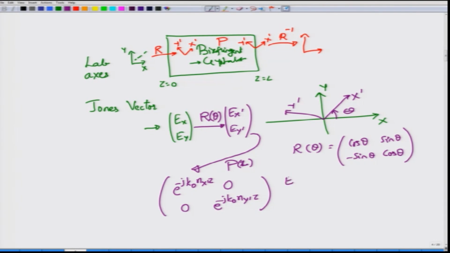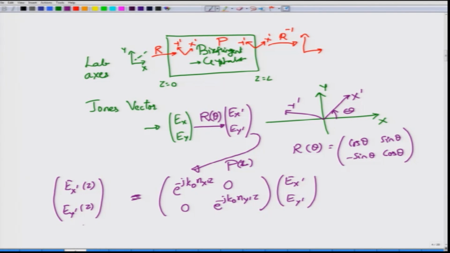You are going to multiply this propagation matrix to Ex prime Ey prime to obtain Ex prime at z and Ey prime at z, that is right at the output or at any distance z in the crystal axis. This is what you would have actually obtained.